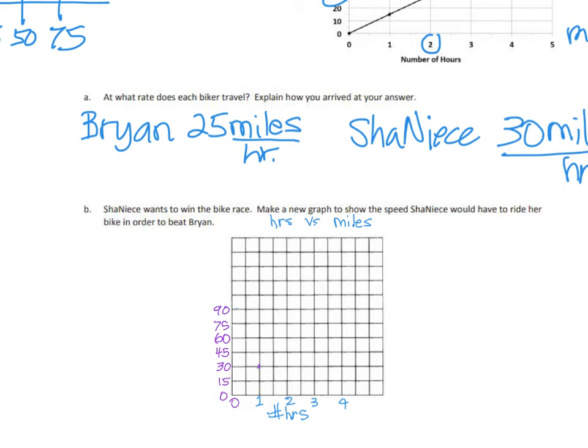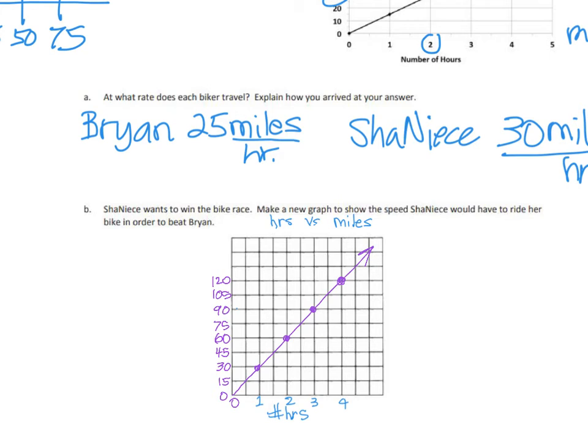So 1 is 30, 2 is 60, 3 is 90. Let's see what 4 is. If I add 30 to 90, I get 120. So my line would start here, vertex, and would go straight out like that. Okay, that's a better way for me to graph.